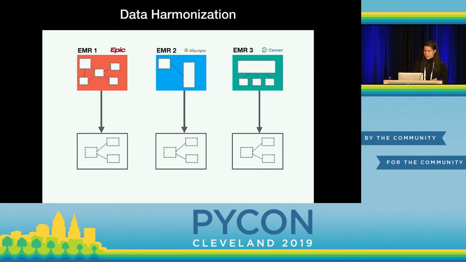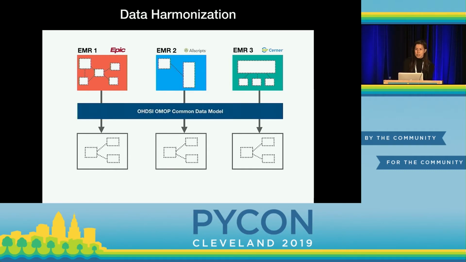So data harmonization involves mapping data from various EMR sources into a common data format. There are a couple of different data models out there, but a very popular one is the OMOP Common Data Model, which was developed by an international group of researchers called OHDSI, or Odyssey.